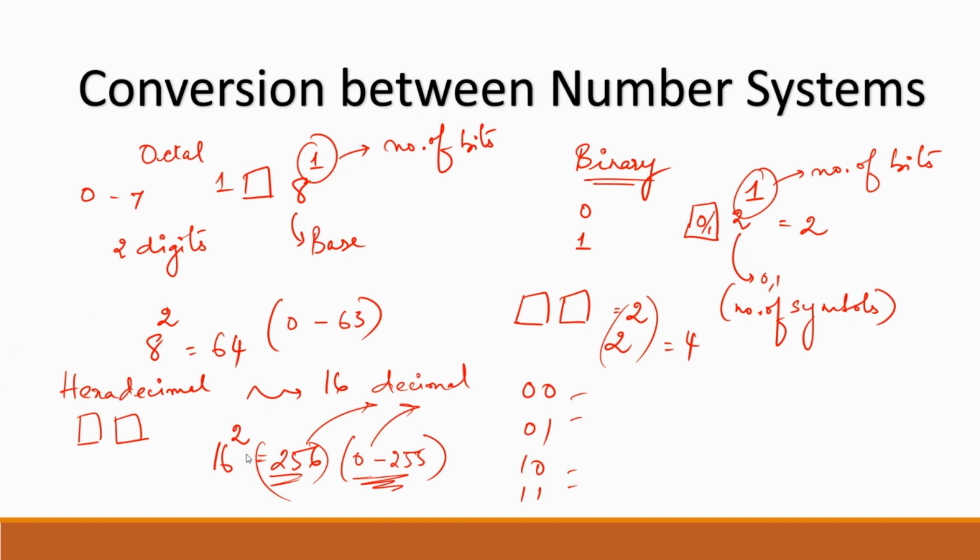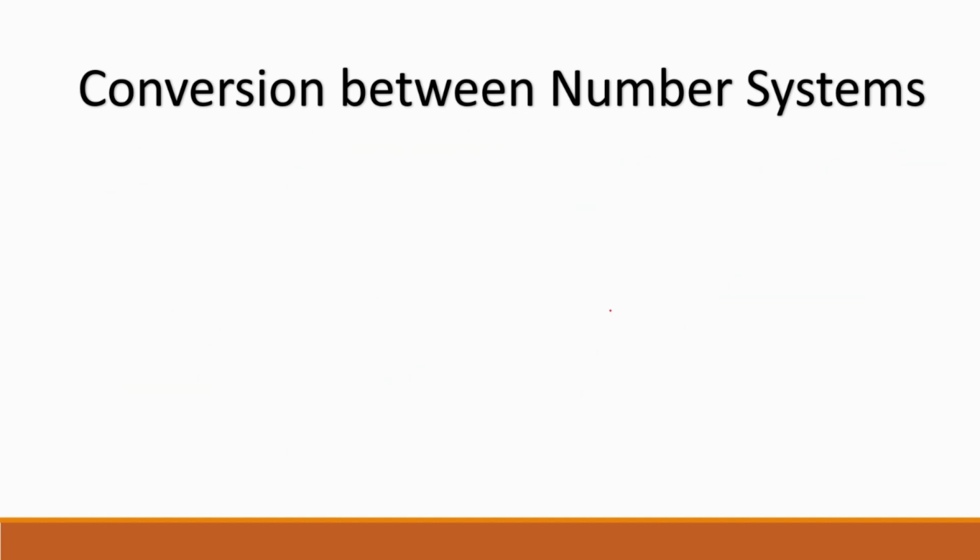So let's move on to the actual conversion from octal to binary and binary to octal. Before we go into the conversion, there's one more thing that we need to understand. So these are the octal numbers 0, 1, 2, 3, 4, 5, 6 and 7.